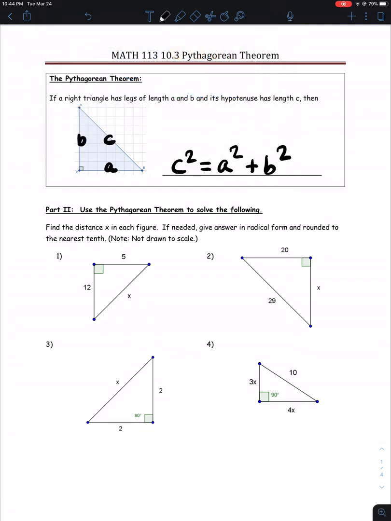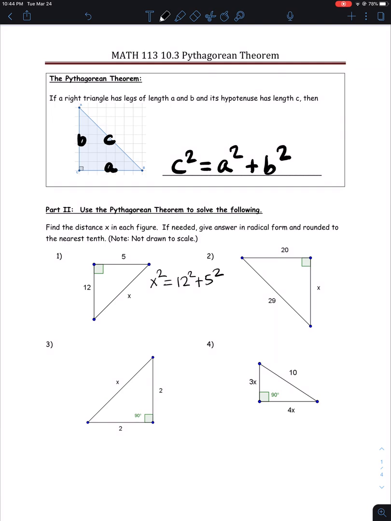If we look at part 2, example 1, we've got a nice right triangle with legs of 5, legs of 12, and the hypotenuse is x. If we want to solve for x, we put everything into the formula. So in this case, we'd get x squared equals 12 squared plus 5 squared.